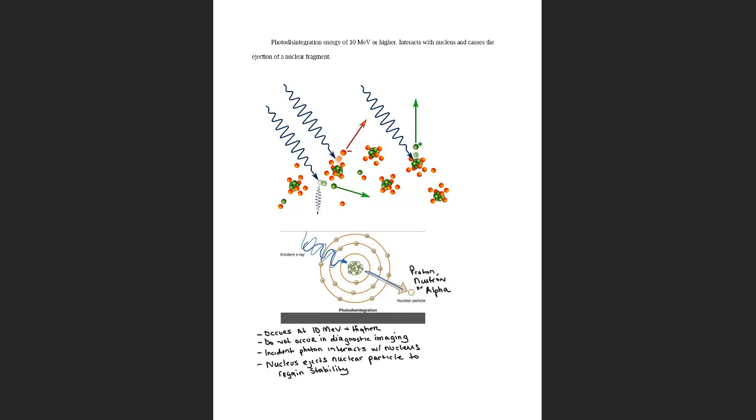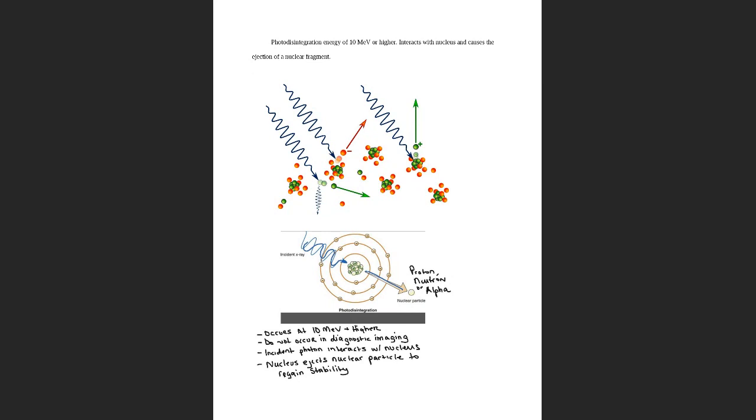It could be a proton, a neutron, an alpha, a nucleon, a neutrino. Again, not within the diagnostic range. The photon actually interacts with the nucleus, and that nucleus ejects a nuclear particle so that it can regain stability. So it's trying to become stable again.